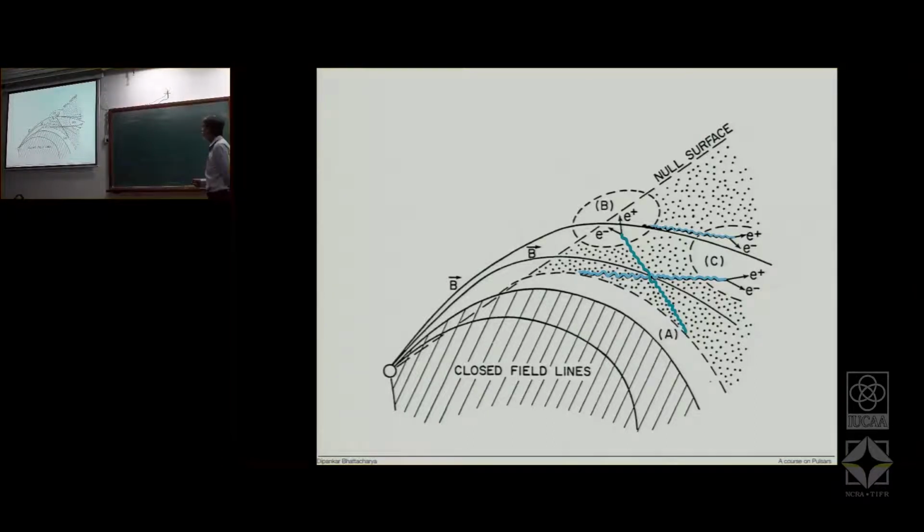Now, as you can see from this diagram, there will be various field lines from which you can produce electron-positron pairs, which will eventually end up in these regions. And once they produce photons, which will eventually end up in these regions, you can produce electron-positron pairs there, and you can then quench the electric field which is present.